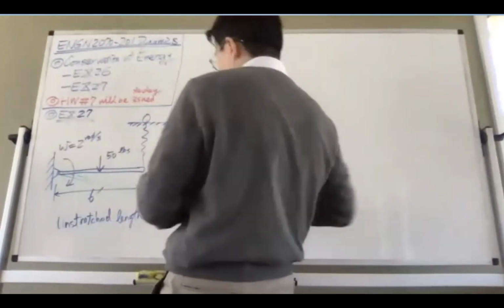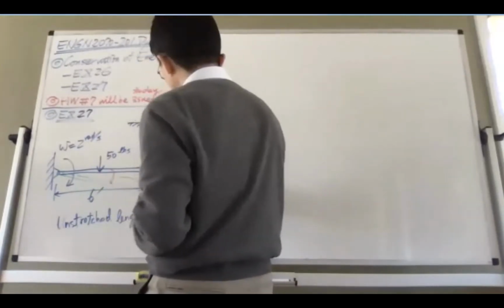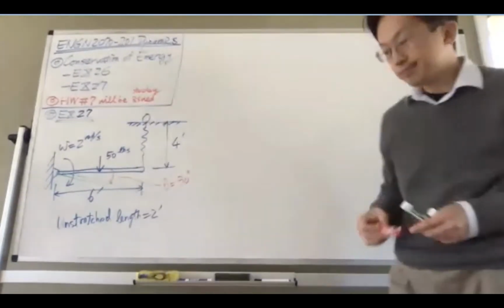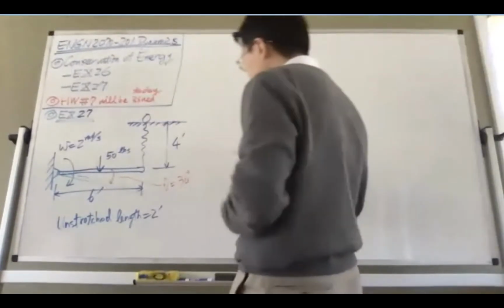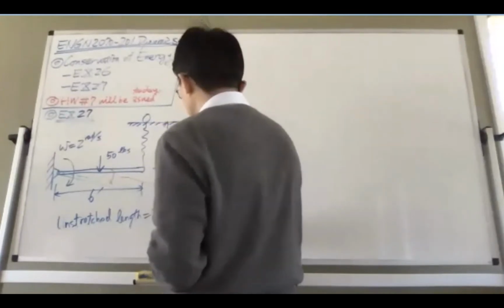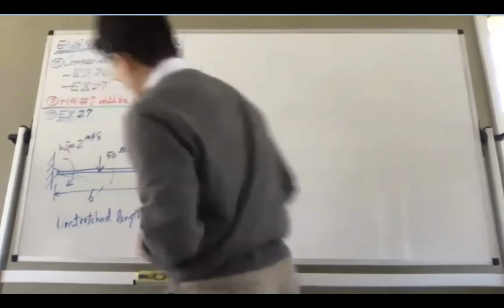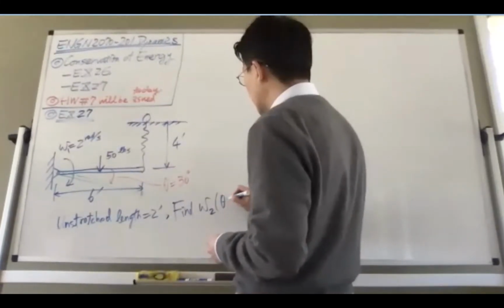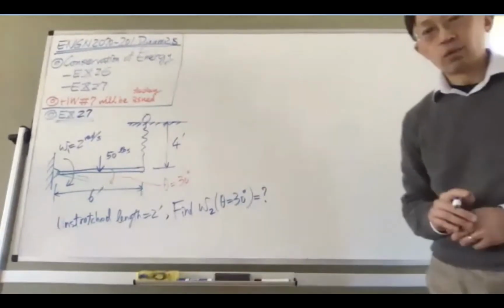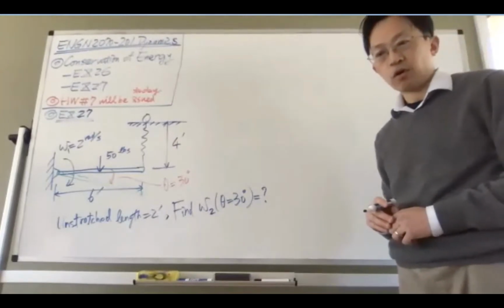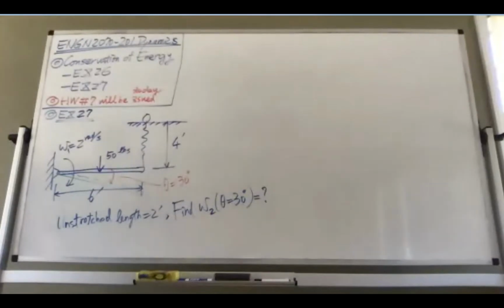What happens to the angular velocity when this angle becomes 30 degrees? So that's the problem. We have to find out what is omega. If you call this omega 1, what is omega 2 when theta is 30 degrees? That is what we are looking for in this problem.